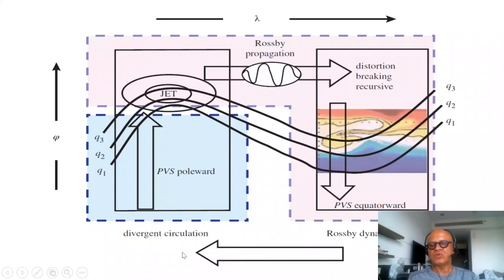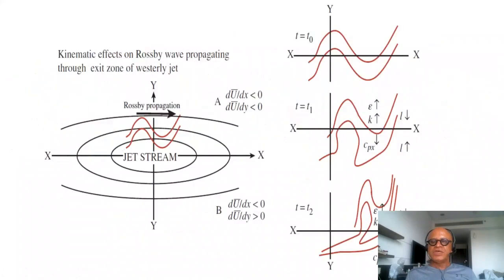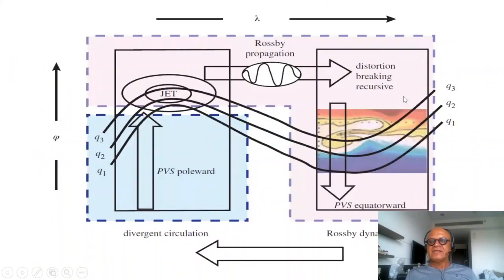You're going from east to west, and here you are having Rossby wave dynamics at the jet exit region, and you're going to have distortion and breaking happening recursively as we implied here. And that inundation into the westerly duct into the low latitudes happening here, and you can see that the breaking essentially means dissipation of PVS, which is going to help maintain the zonal mean zonal circulation in the low latitudes.